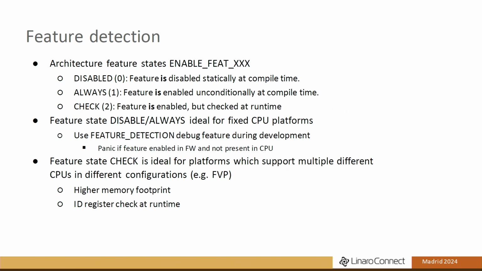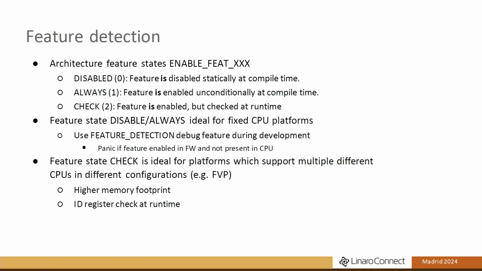Disabled and always are ideal for a fixed CPU platform, but for platforms like FVP, which has multiple configurations with different CPUs, or multiple configurations with different architecture features enabled, it's better to use check.